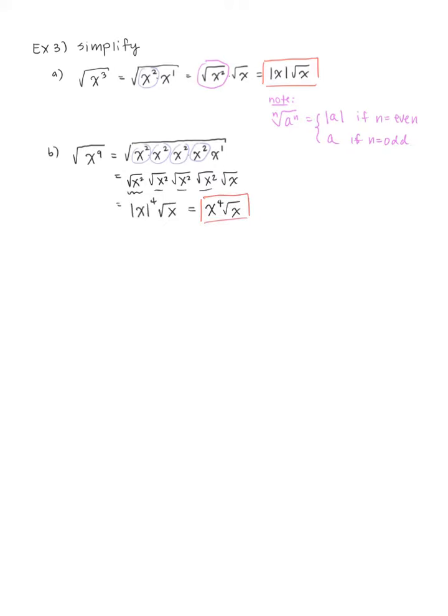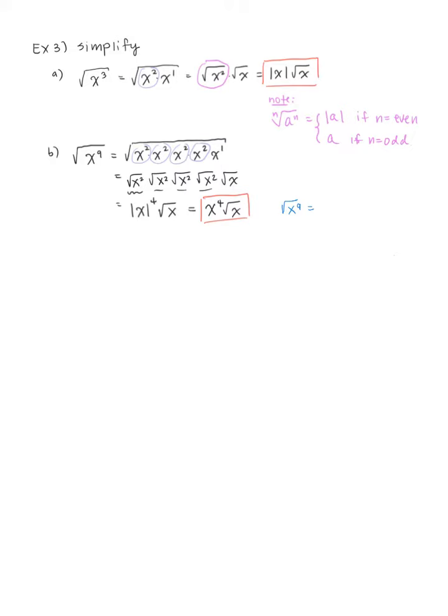Okay, so since we're going to have to do this eventually, let's just take a look at the square root of x to the 9 again in a different way. Okay, so what is the biggest number before 9 that is divisible by 2? That will be 8.